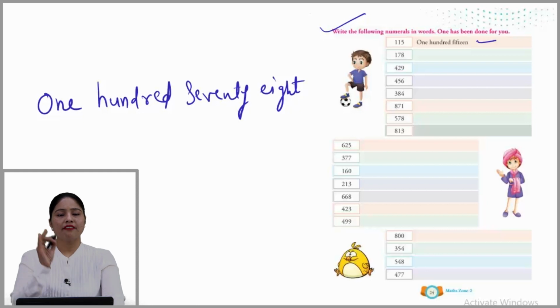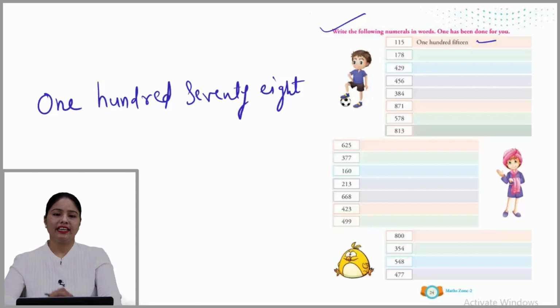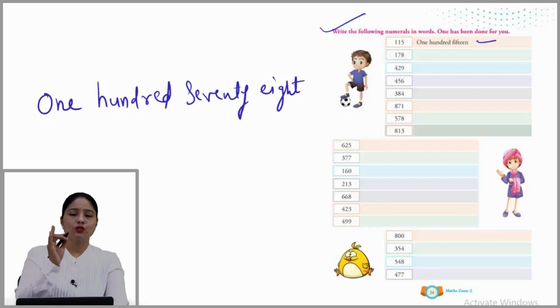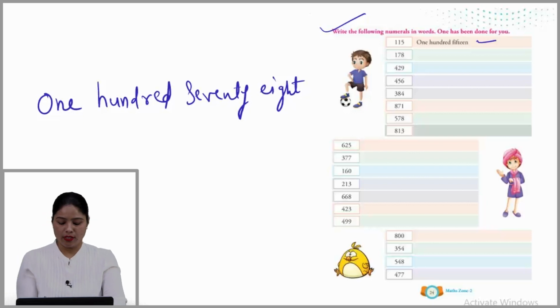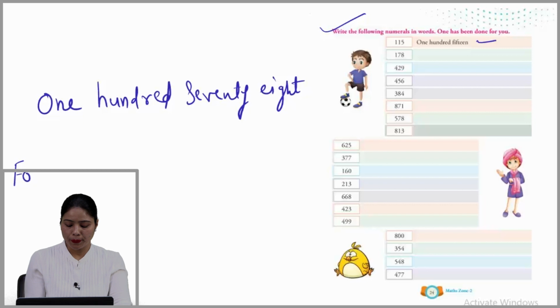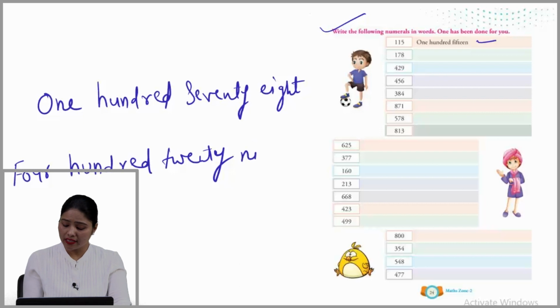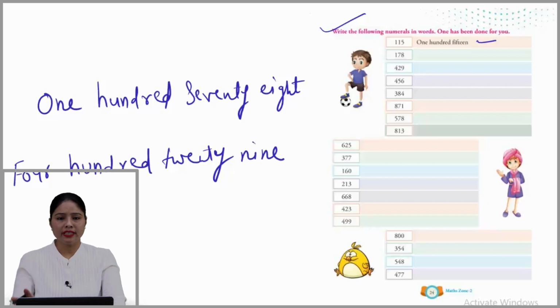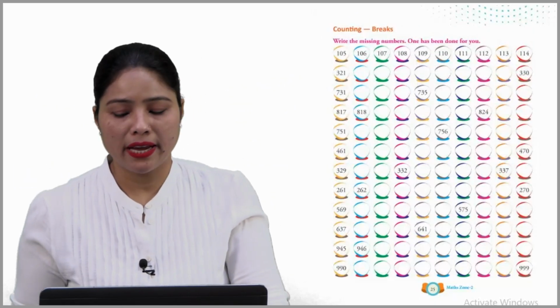Okay, this is how we have to write 178. Okay, next one is 429. So 400, 20 and 9. So this is 429, then 456, then 384, 871. But these are the other numbers which you have to fill by your own.